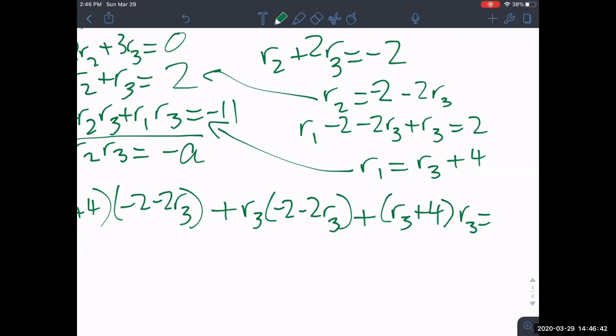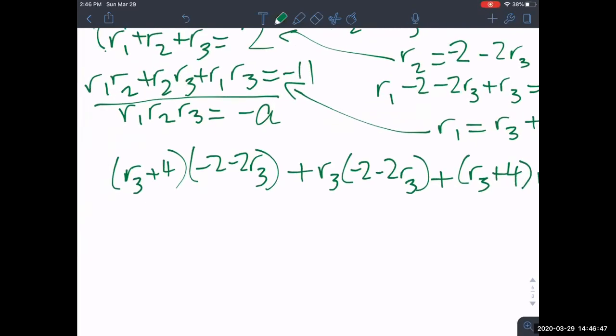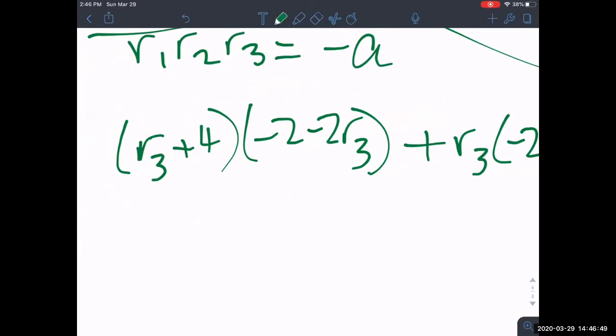Times 3 is equal to negative 11. So let's just multiply everything out. Be very, very careful with this step. I'm going to hopefully not make any terribly major mistakes. If I do, then just yell at me.